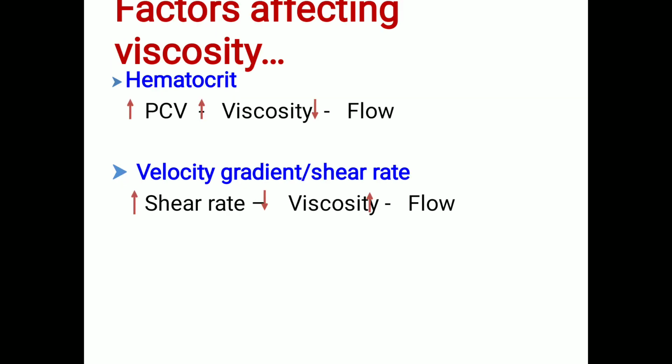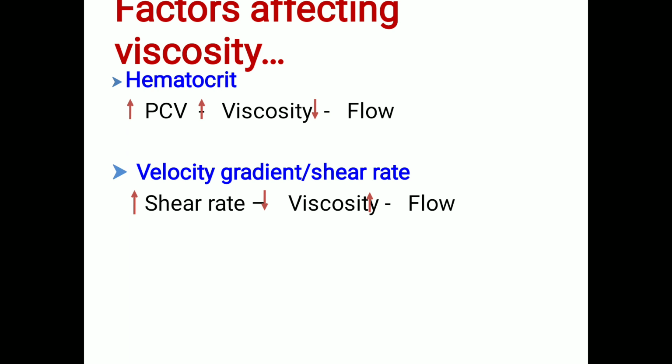The factors affecting viscosity: hematocrit, or PCV. An increase in the PCV increases the viscosity and decreases the flow. The second factor is the velocity gradient or shear rate.